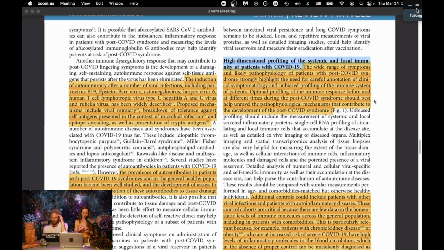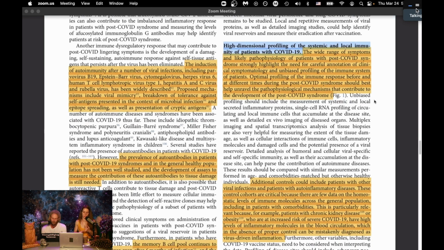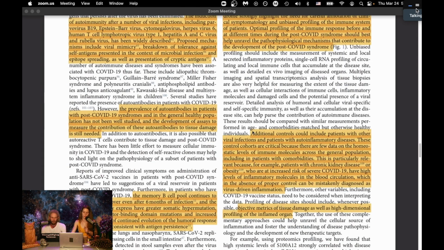You have to have a profile of each person done carefully enough to say, is it our looking that has made us notice these things? Has this person always been this way? Or has this really and truly been exacerbated by what they went through? And the only way to do that is to have really good controls, where here it says additional controls would include patients with other viral infections and patients with autoinflammatory diseases.